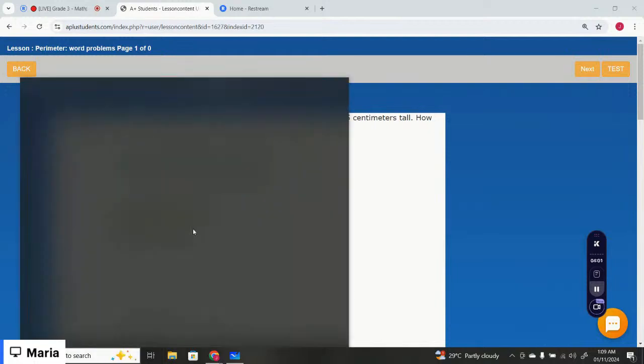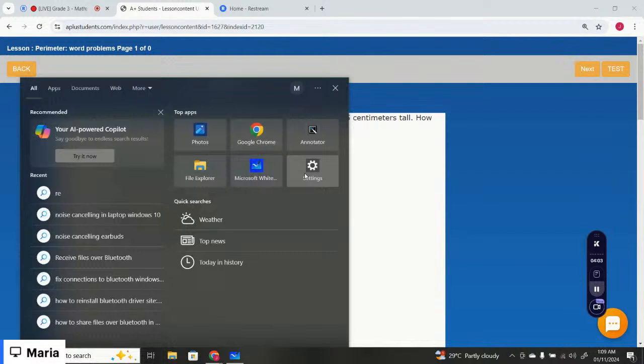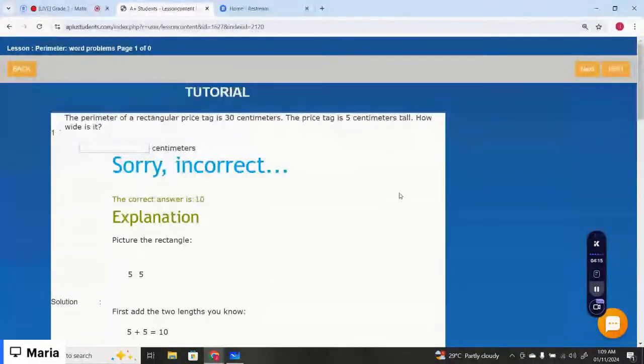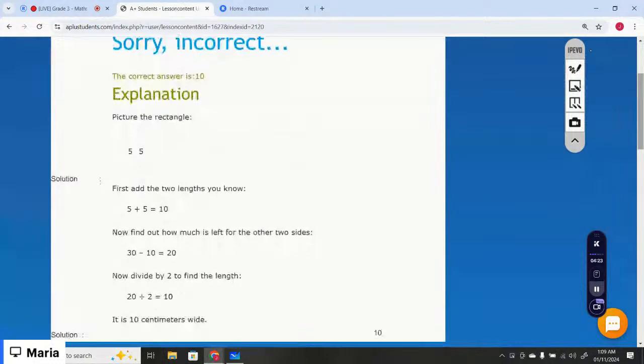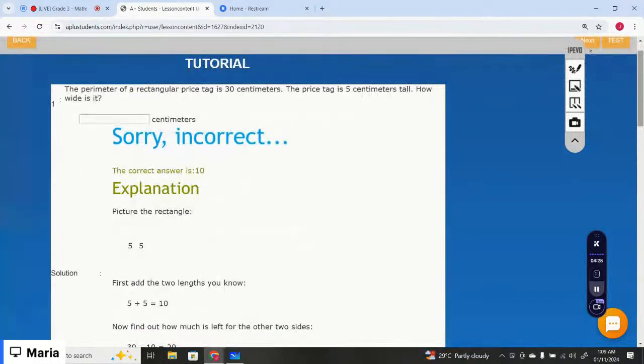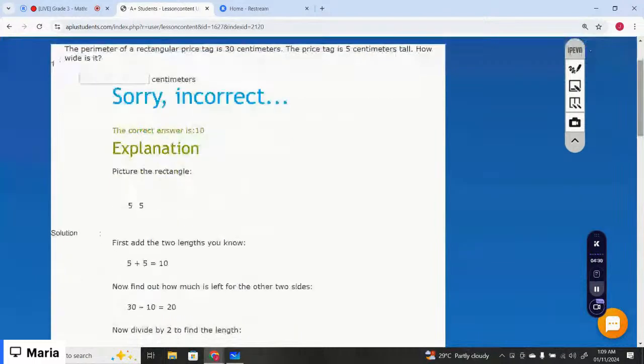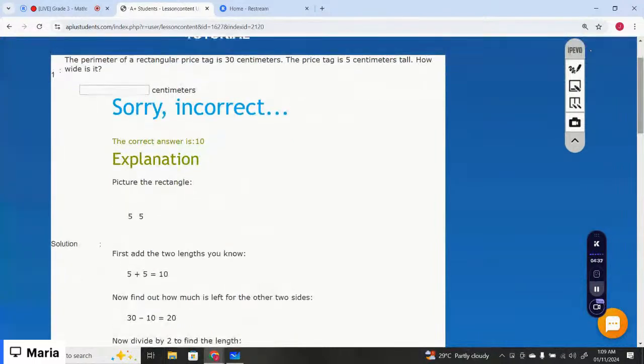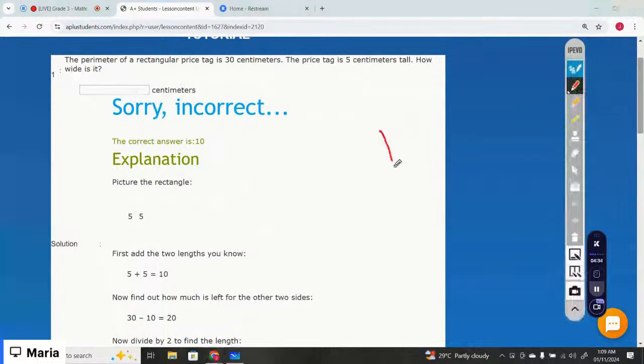You have to calculate how wide it is, right? The first thing you need to understand here is perimeter. When we have to calculate the perimeter, we add all the side lengths, right? So the perimeter is 30. For example, it is like this.